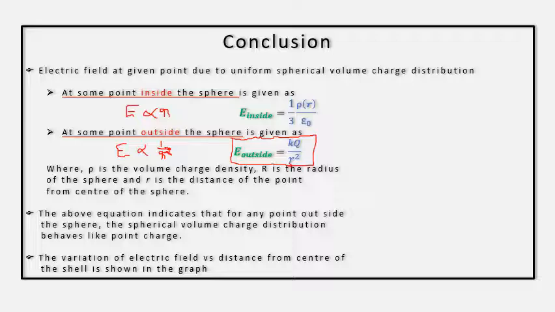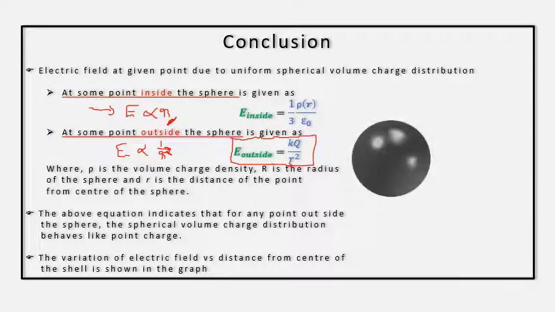So this suggests that at center electric field should be 0, and as you increase r, E is directly proportional to r, so E should be increasing steadily, and then E falls as 1 by r square.